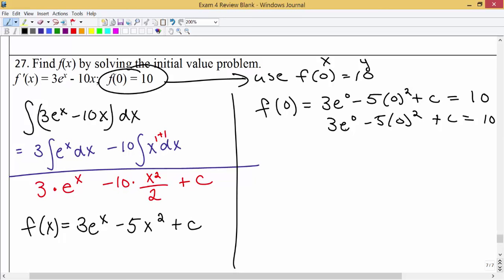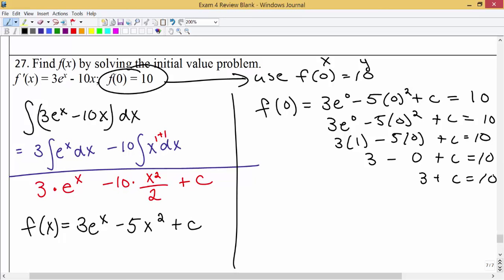Remember that any base raised to the 0 power is 1, so that's 3 times 1. 0 squared is 0. So what we have here is 3 minus 0 plus c has to be equal to 10. So 3 plus c equals 10.